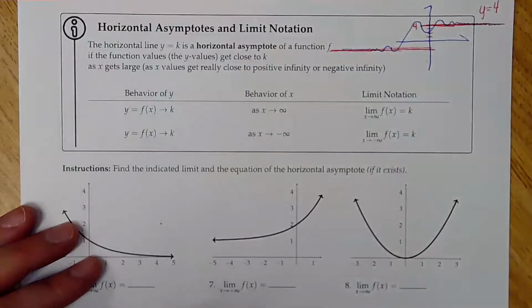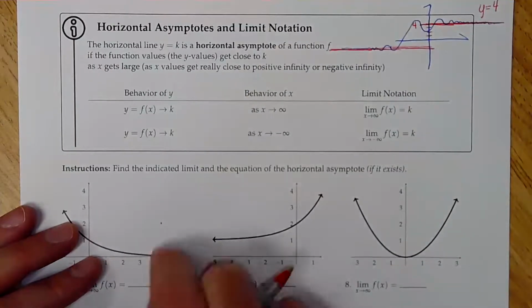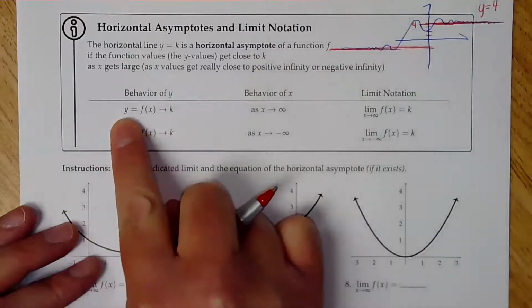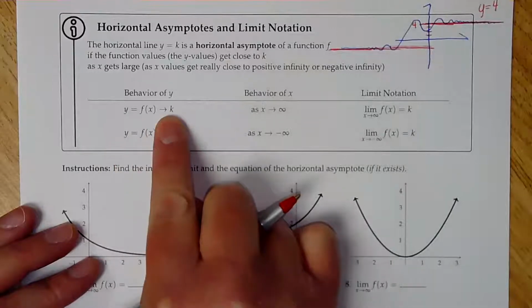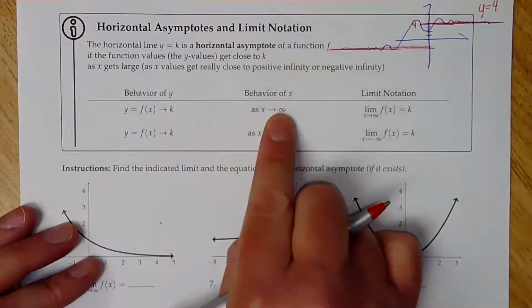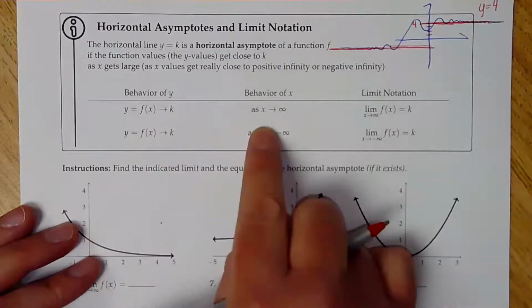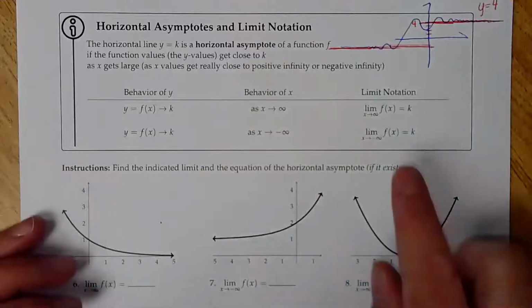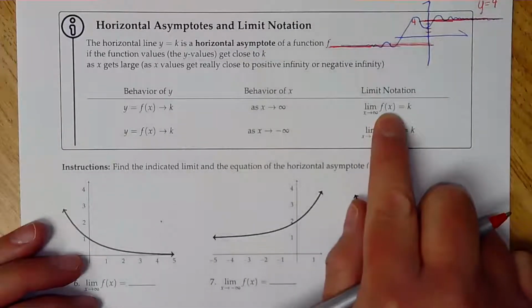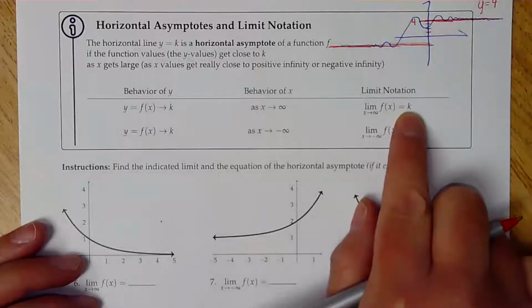All right, so we have some notation for this that is the behavior of y. We say f of x, or y, which is another name for f of x, goes to k as x goes to infinity. But we can also sum all of this up, which seems like two disjoint pieces, by saying the limit as x goes to infinity of my function is equal to k.